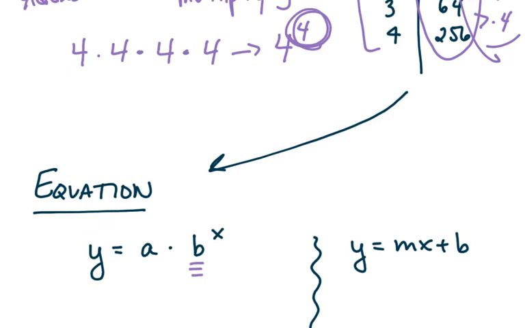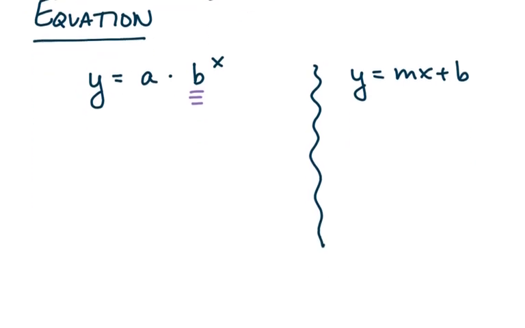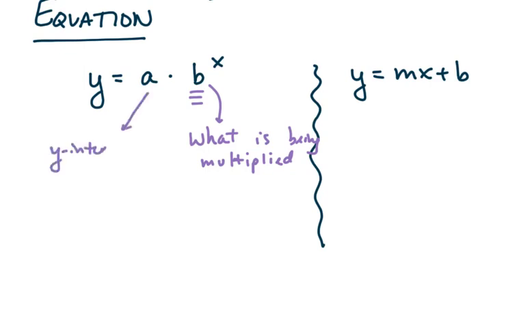So b is what is being multiplied. If you look in your y column, whatever you're multiplying by, that is the b value, right? So a then is the y-intercept. Or another way to talk about it is the starting value, the initial value.